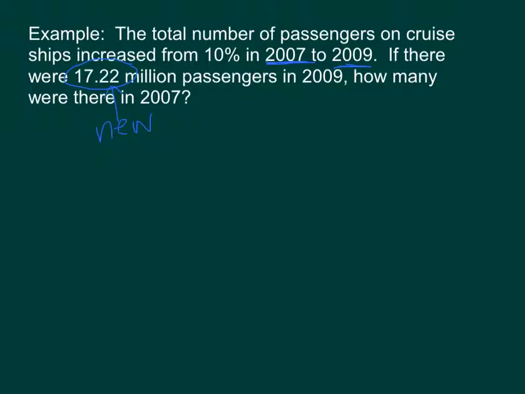So this is the new, or the final, and this is my percentage. To find the change, I take the new amount, I subtract the original, which I don't know, so I'm going to call that x. I put it over the original amount, which I don't know, and that's going to equal 10 over 100. Now I'm going to cross multiply.